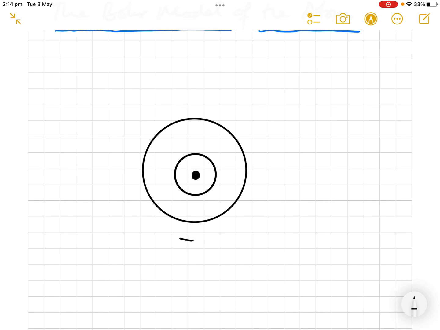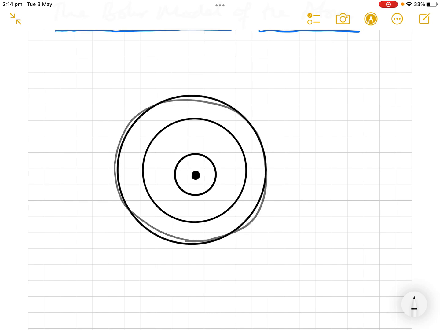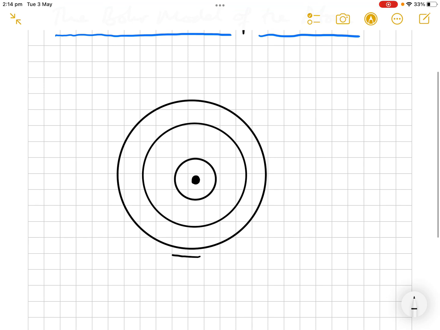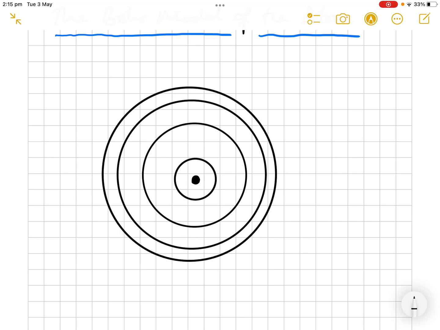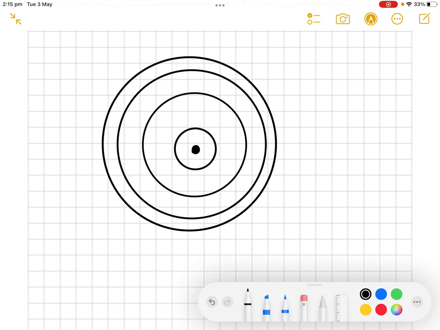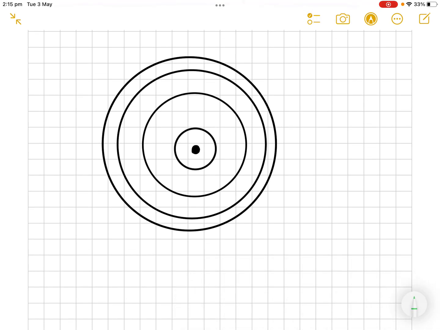They're a little bit like circular orbits, a wee bit like planets going around the sun. Okay, they're all supposed to be concentric. So this is the nucleus.